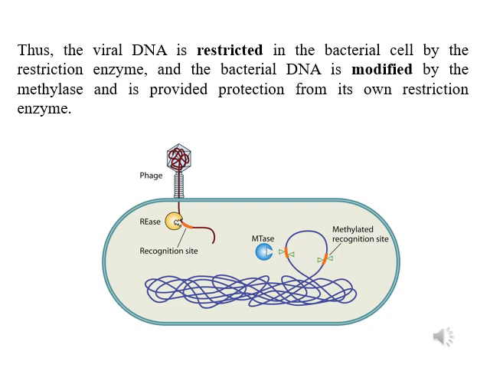So the viral DNA is restricted in the bacterial cell, or the host cell, by this restriction enzyme, and the bacterial DNA is protected by the modification brought about by the methylase, therefore providing protection from its own restriction enzyme.